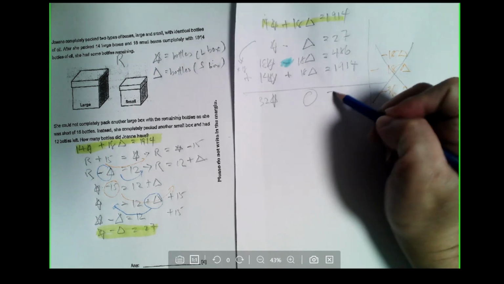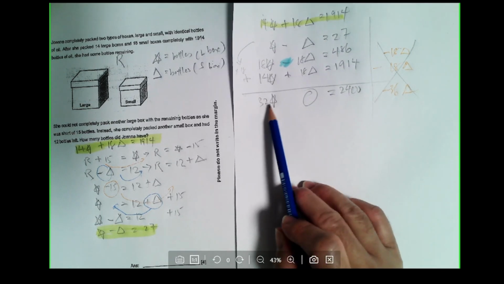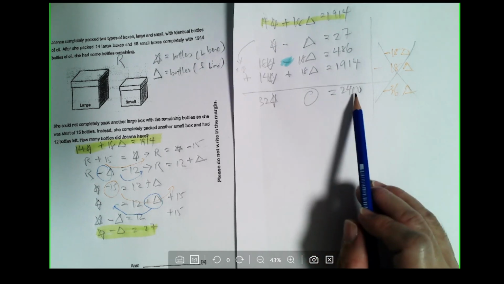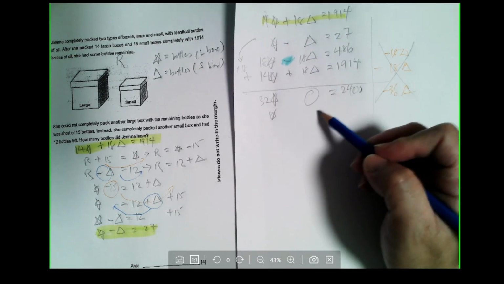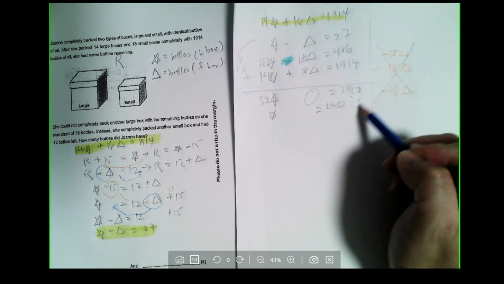This 486 plus 1914, go and press 2,400. Oh, very nice number. 32 star equals to 2400. Star must be equals to 2400 divided by 32.